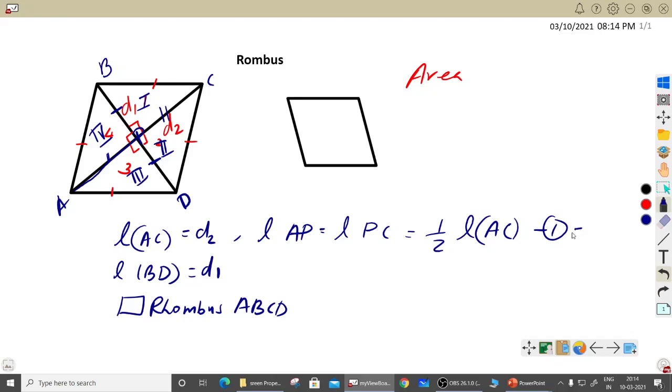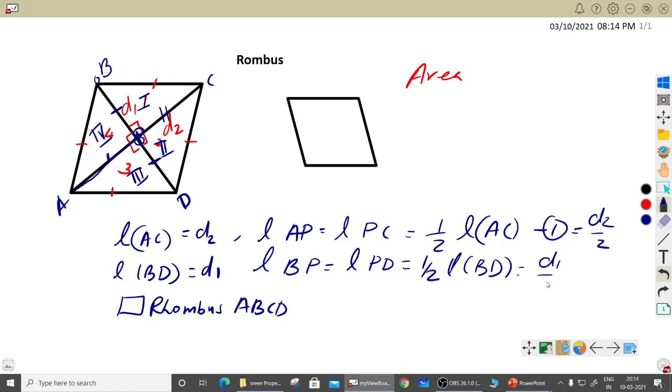Which is equal to D2 upon 2. The same way, the length of BP, from here to here, is equal to length of PD, which is equal to half of length of BD, equal to D1 upon 2. Keep this also in mind.